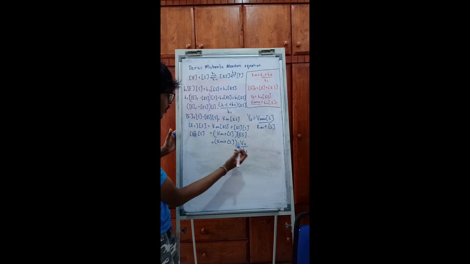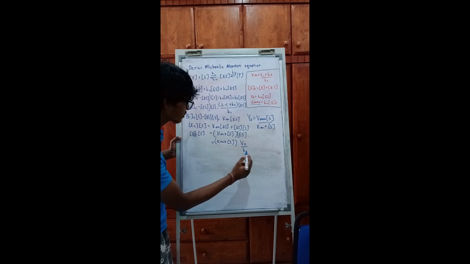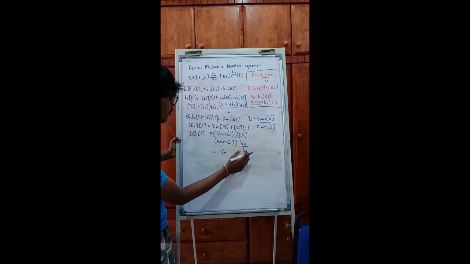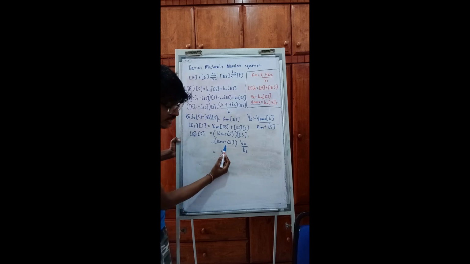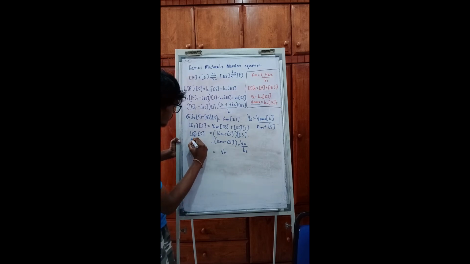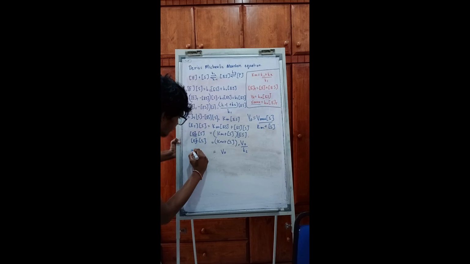So let us keep this as our subject on the right hand side. So V naught, whole thing. This one is times, so here it will become divide. So enzyme total substrate concentration divided by Km plus substrate concentration, and this K2 over here comes here.